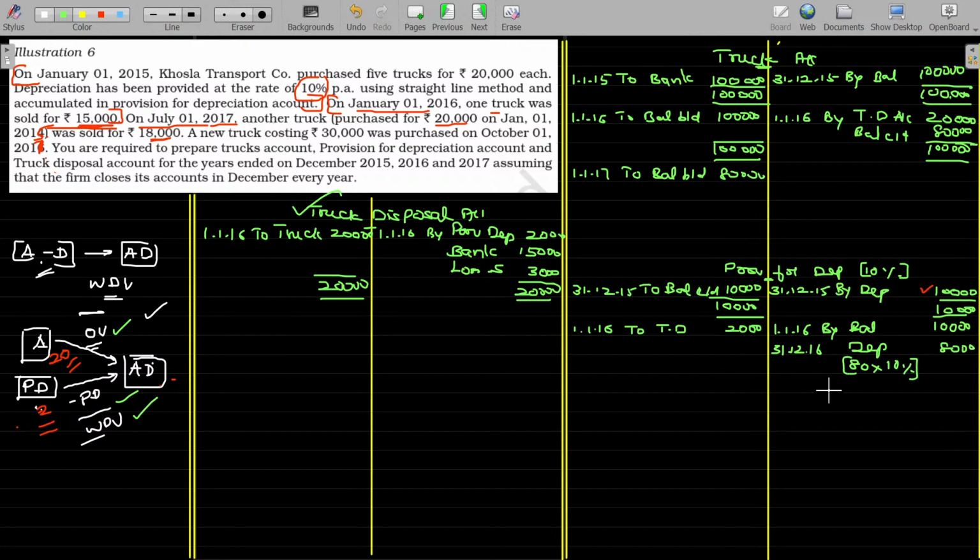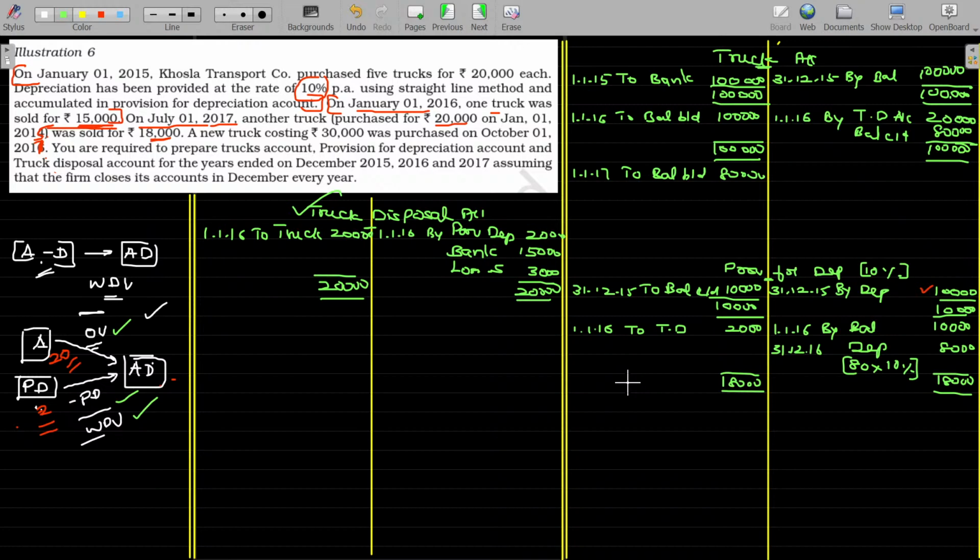Is that okay? Now if I tally this, what is the balance I get? 18 here, 18 here, 18 here. 2,000 was already subtracted because that is meant for the asset sold. As the asset is already sold, the provision is not required. Why do I want to have the provision? If there is a doubt of loss, then we will have the provision to adjust the loss. I am pretty sure there is no loss because it is already sold off.